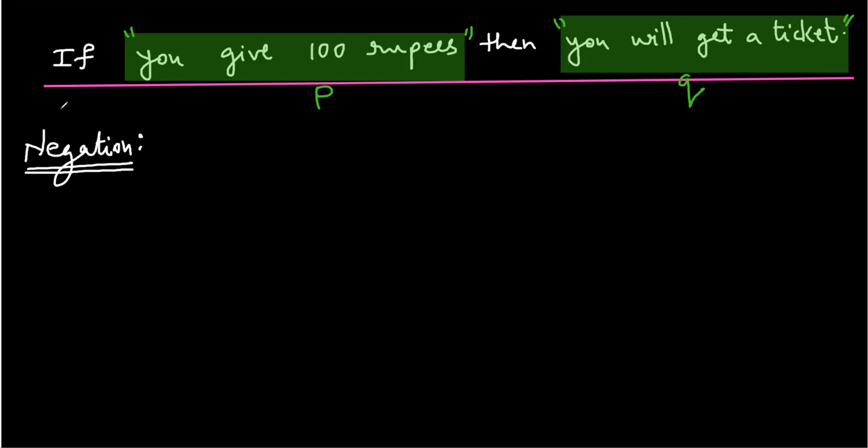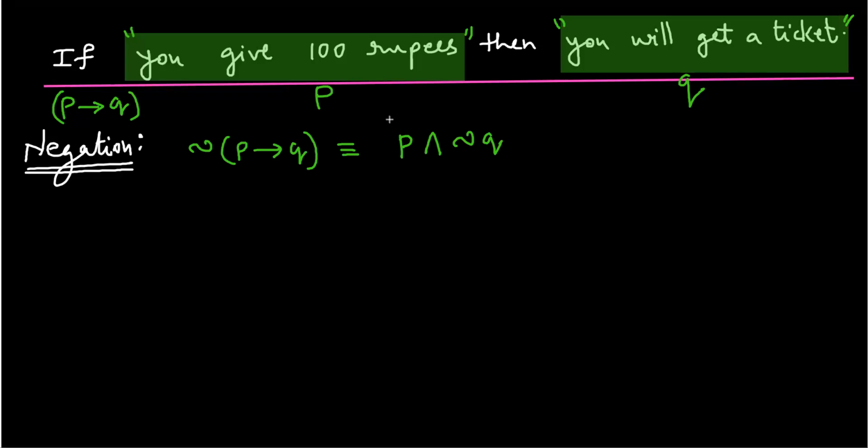I have here P implies Q. And what I want is negation of P implies Q. I know negation of P implies Q is P and not Q.